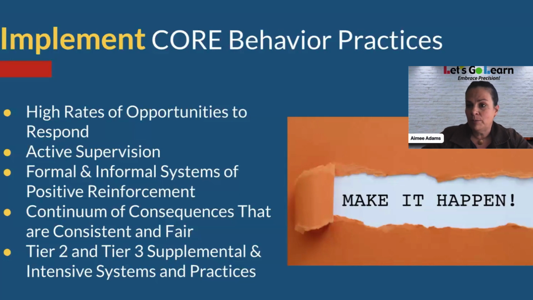There should be a continuum of consequences that are implemented consistently and fairly across students, across teachers, and across grade levels. We should have tier 2 and tier 3 supplemental systems and practices that are routinely visible and everyone understands how to access and use.